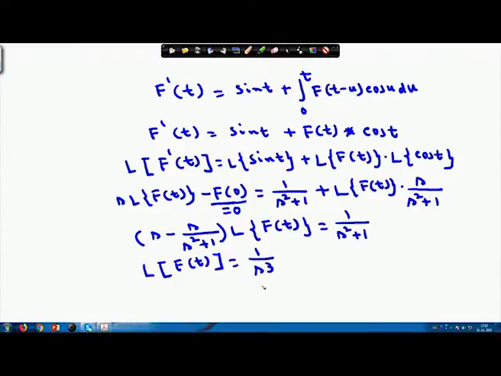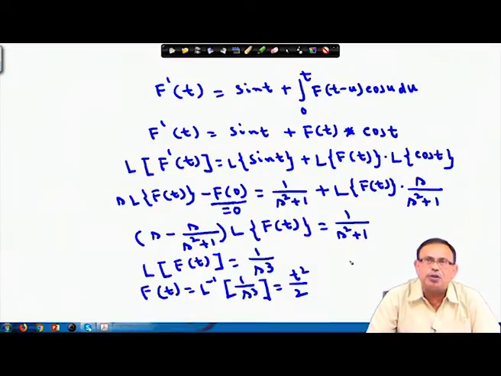From here you can tell that f(t) is the inverse Laplace transform of 1/s³, and you know that t²/2 is the function whose Laplace transform is 1/s³. Therefore, for this problem f′(t) = sin t + ∫₀ᵗ f(t−u) cos u du, the solution is f(t) = t²/2.